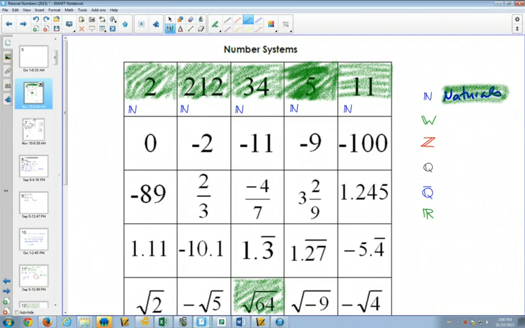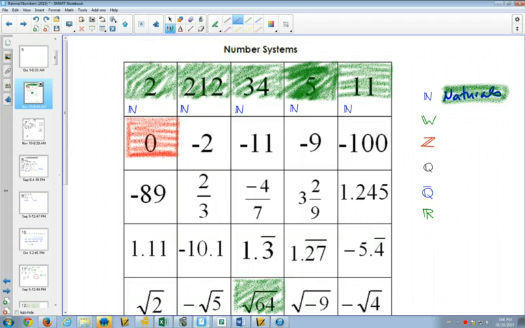So pick another color for whole numbers. I'm going to pick red. And the only whole number that's different is 0, so we're just going to color in 0 with a different color, because that'll be the only one that's added that wasn't included before.